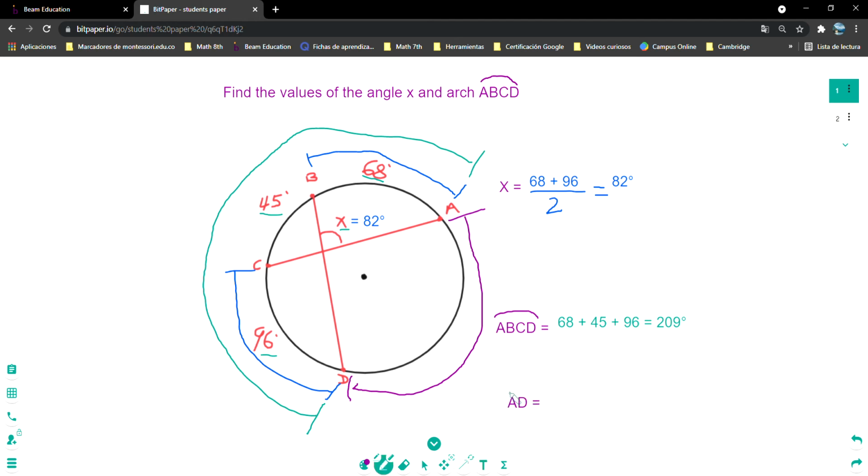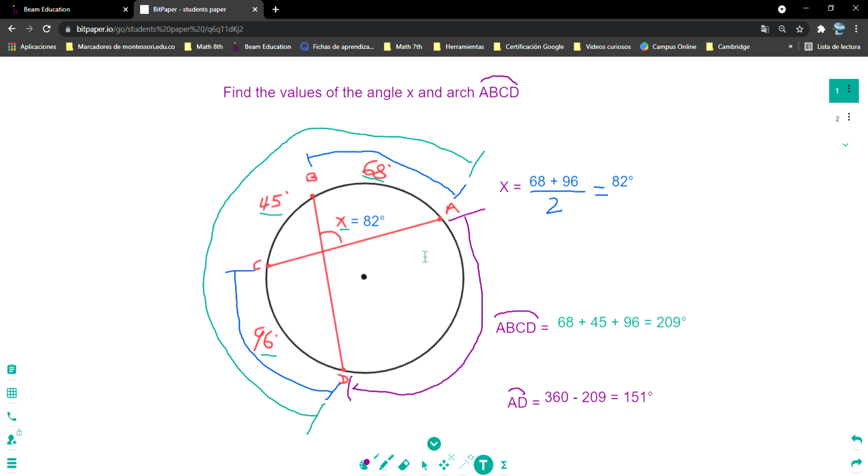We just need to subtract 360 minus the addition of the other arcs. So the addition is 209 degrees. So just subtract 360 minus 209, and that will be 151 degrees. All right. So this is the arc AD.